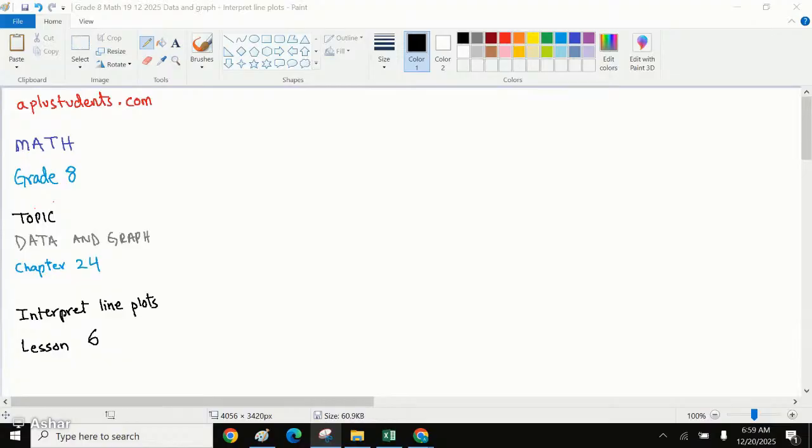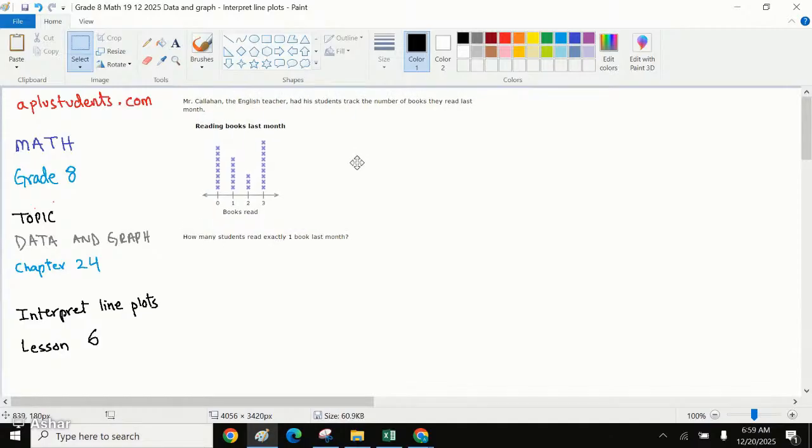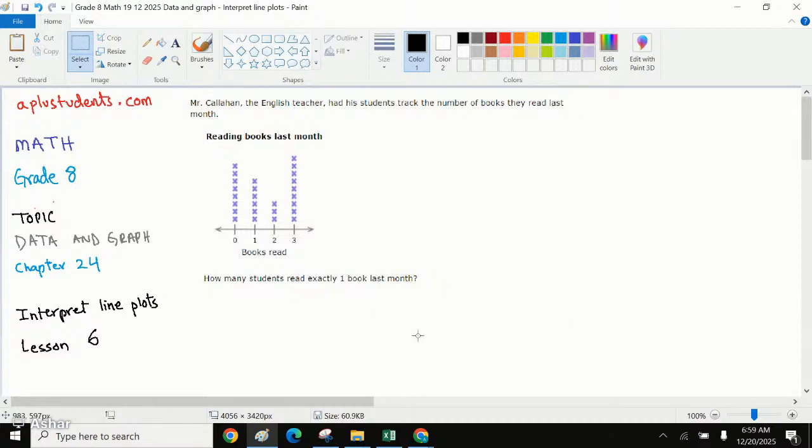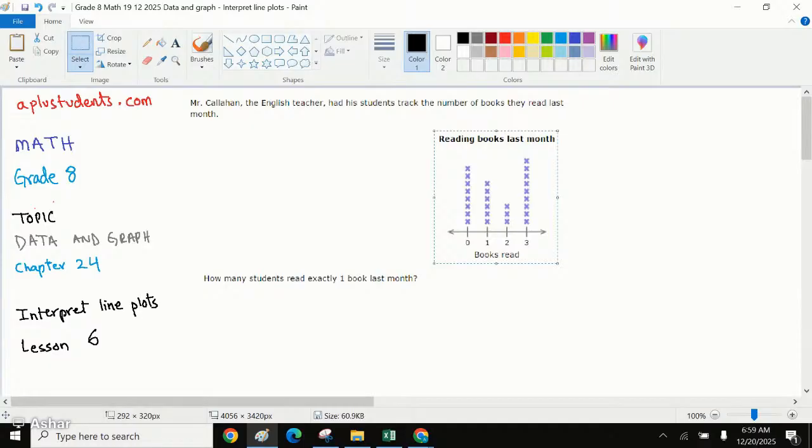Okay. For question number 1, this is a question given to us. I'll just move it bigger so that it's readable for you. Okay. And this is the graph given to us. And let's align this so that it's more readable for us.